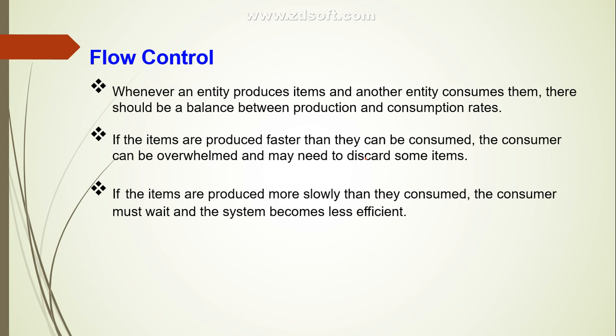And if the items are produced more slowly than they are consumed, then definitely the consumer must wait, and the system becomes less efficient, because the receiver has the capability to absorb the data, while the sender doesn't have the capability to send data as fast as required. Due to which bandwidth is going to be wasted. So it is going to be less efficient.